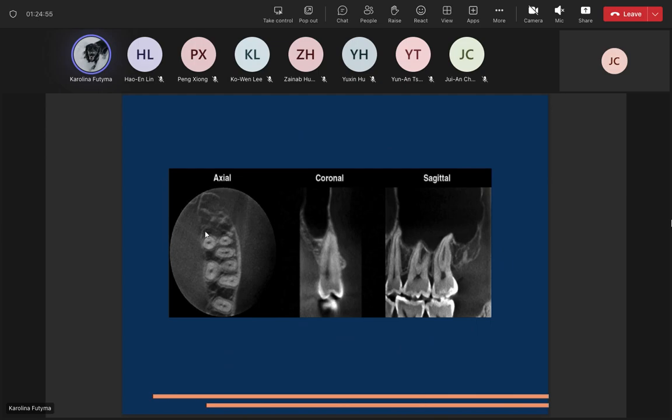This is, again, a small field of view of actual image. Here we have the image of upper teeth, of course. This is the coronal here, and this is the sagittal.